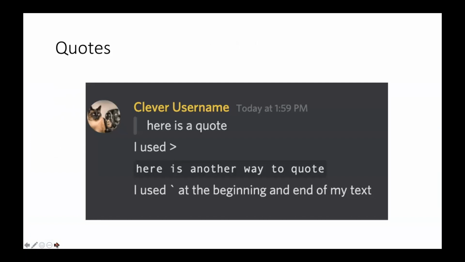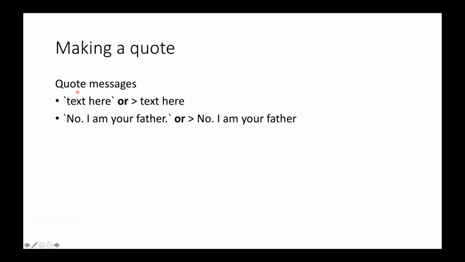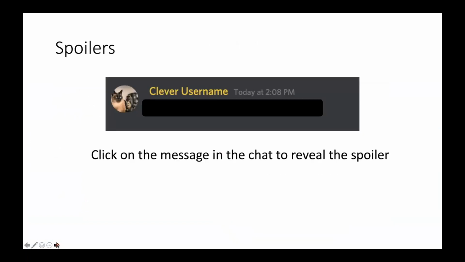If you want to quote people, you'll have to use special commands. So you'll need to use this accent mark, or you'll have to use this sign with a space specifically. And you can create spoilers if you're talking about TV shows or games and scores and things like that, and you don't want to ruin it for other people.